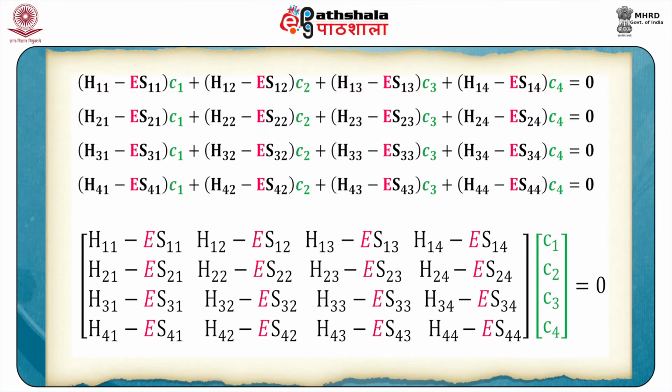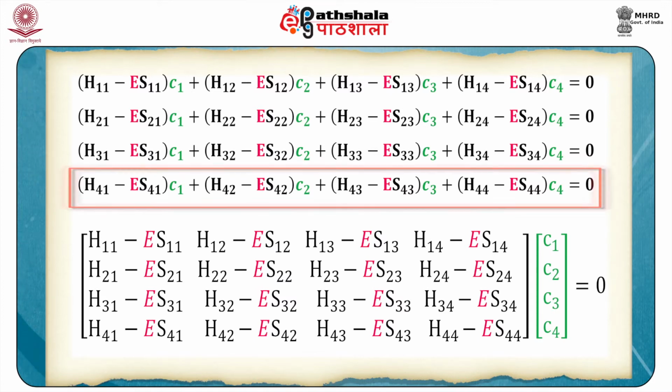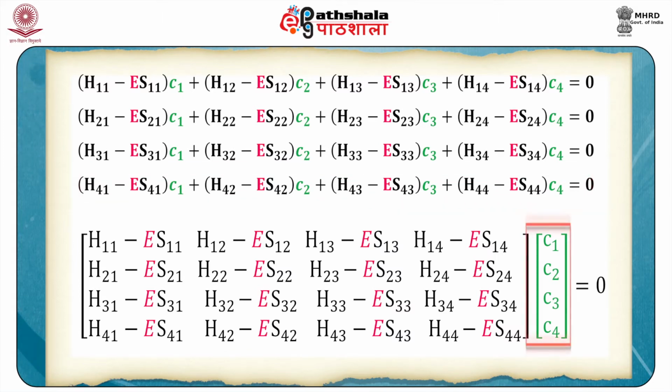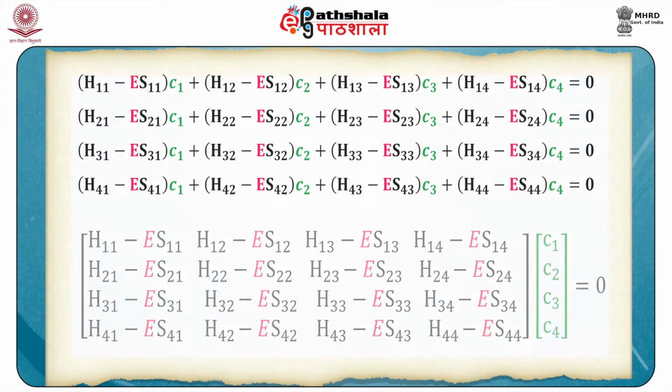The last row is H41 minus ES41 and the last term is H44 minus ES44. Then we have a column of C1, C2, C3, C4 and this is equal to 0. If you expand these, you will ultimately get 4 equations.